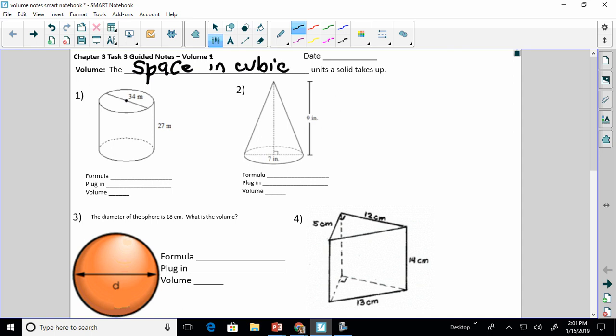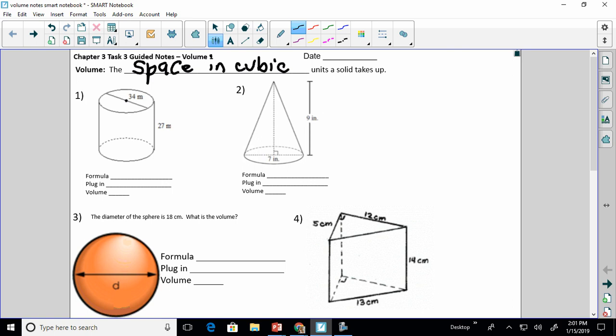It could be cubic inches, cubic centimeters, or cubic meters, whatever it may be. You're not covering it, you're actually filling it.